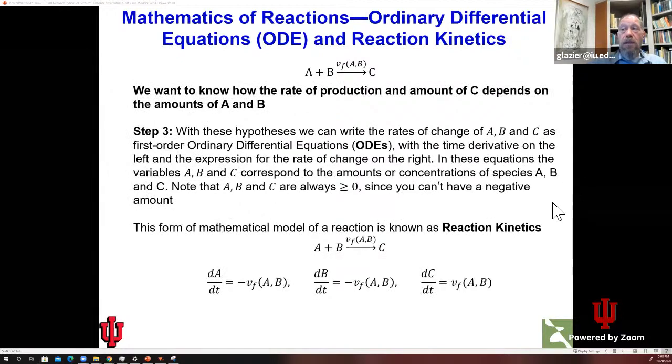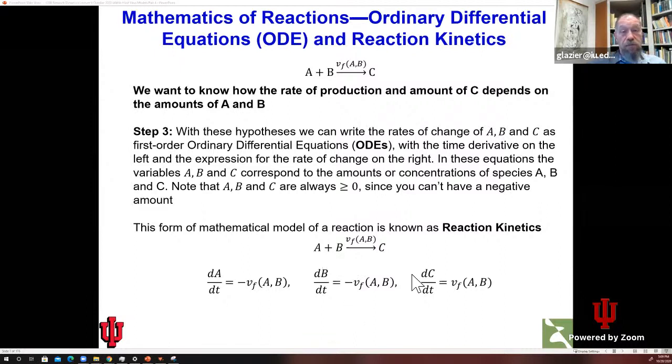And so if we have those assumptions, then we can write a set of ordinary differential equations we've done many times now. And I just want to remind you, if you have the arrow diagram, A plus B goes to C at a rate VF of A and B, that generates 3 ordinary differential equations, one for each species, A, B, and C. A and B are called substrates.